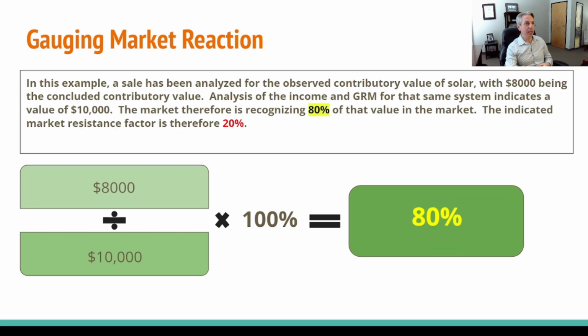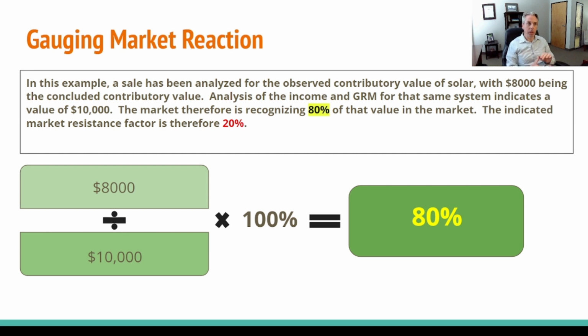If we wanted to take an example, here's a sale that you've analyzed, and it sold with owned solar. It was properly marketed, and your analysis shows that there was an $8,000 contributory value that you've concluded.